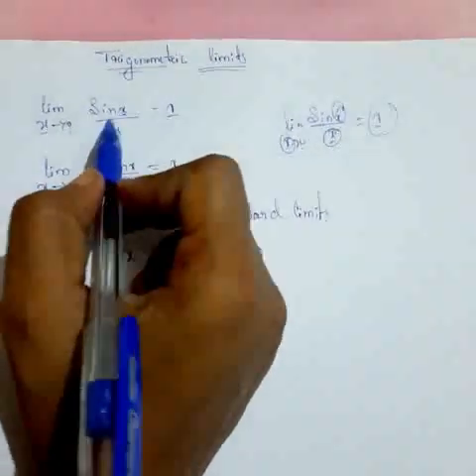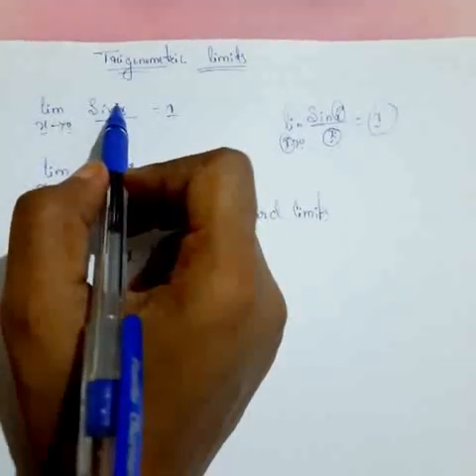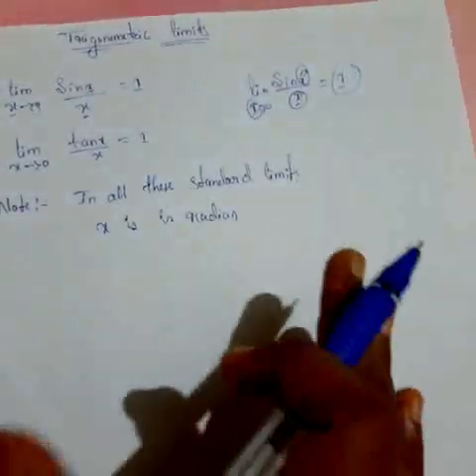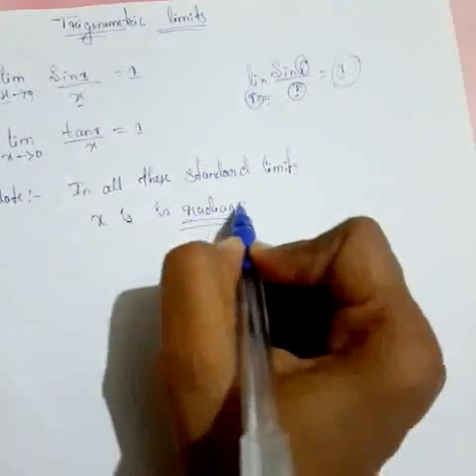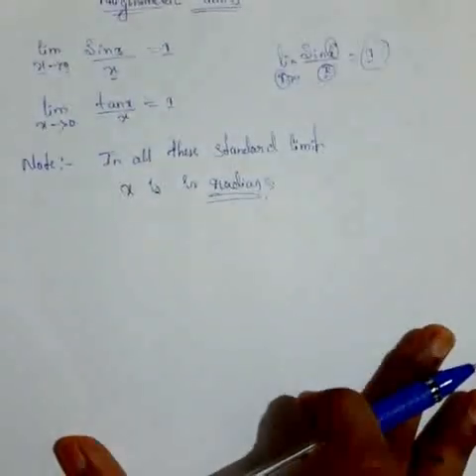You all know that we have two ways of measuring angles, radian and degree, but here in limits particularly the x is in radians. Just remember this. So these two are the standard trigonometric limits.